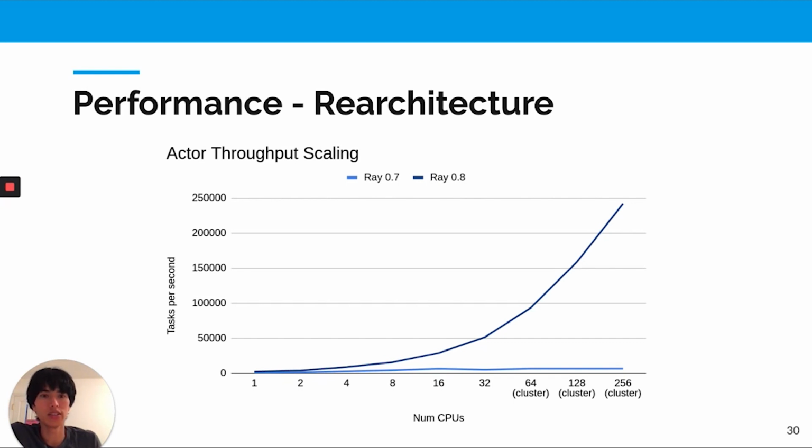And here with 0.8, it's going to 250,000 tasks per second on a cluster with 256 CPU cores. So these are pretty substantial differences. And note that the x-axis here is on log scale.